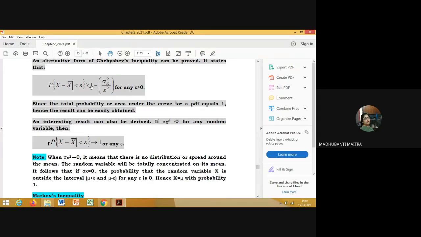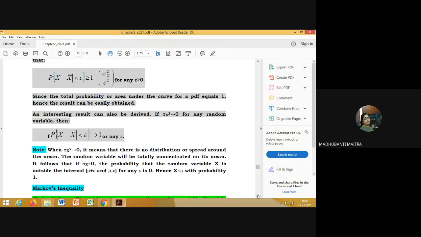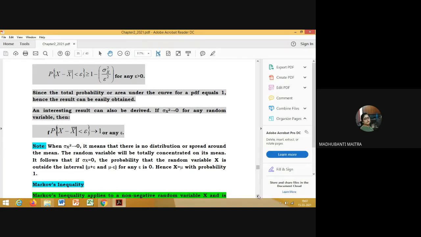This probability will tend towards 1 since sigma x is tending towards 0. So with the help of logic, we can corroborate or justify this result. When sigma x is tending towards 0, it means that there is no distribution or spread around the mean. So the random variable will be totally concentrated on its mean. There will be no spread, no deviation from the mean. That's why the standard deviation is tending towards 0.